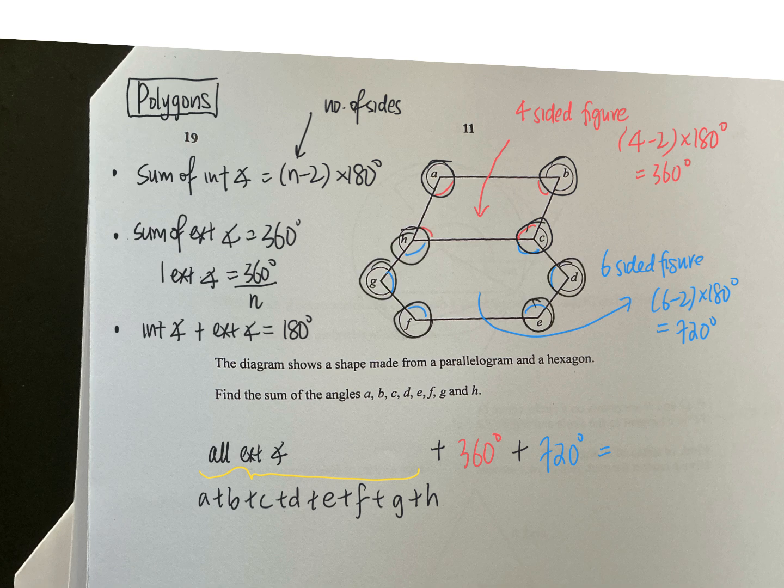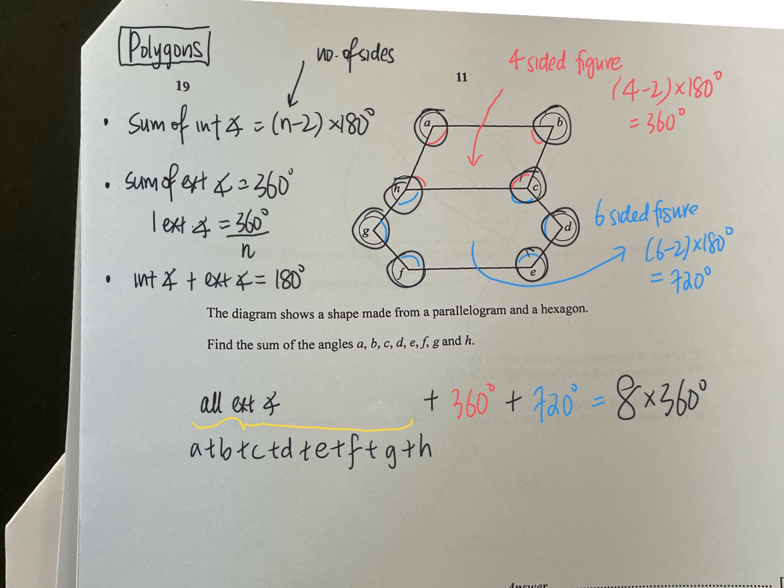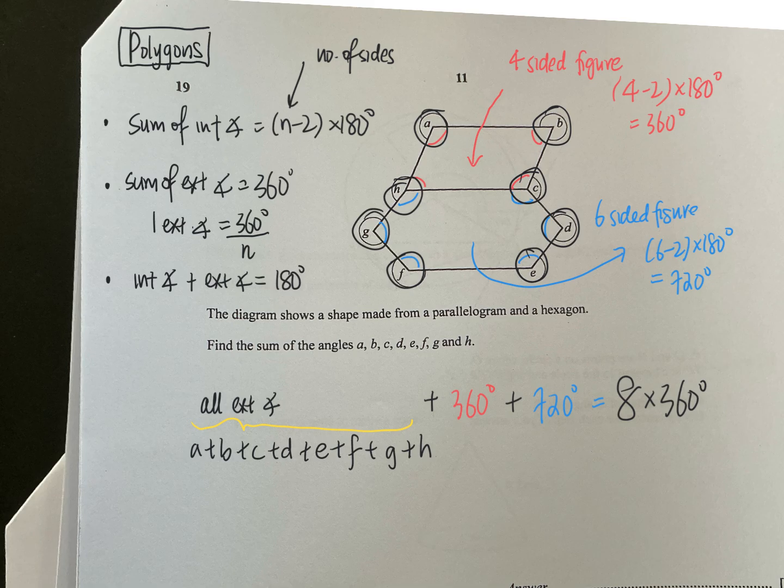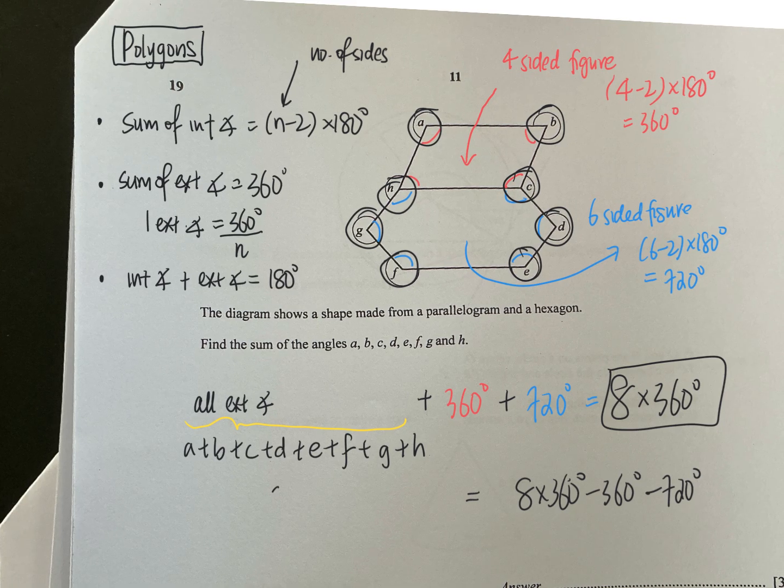Yes. 1, 2, 3, 4, 5, 6, 7, 8. Okay, so 8 of these 360. So to find the unknown A, B, C, D, E, F, G, H, it is just this: subtract your 360, subtract your 720. So your answer would be 1,800.